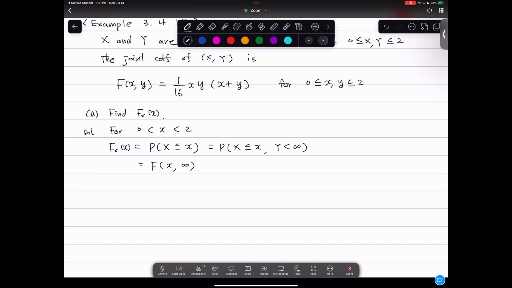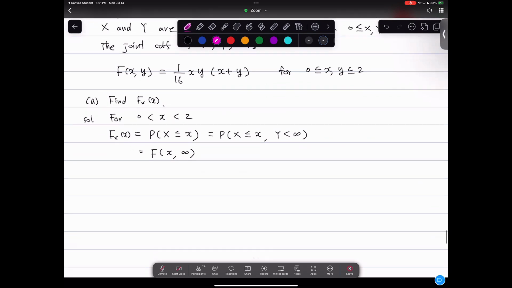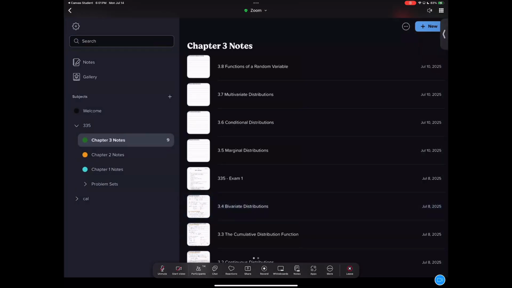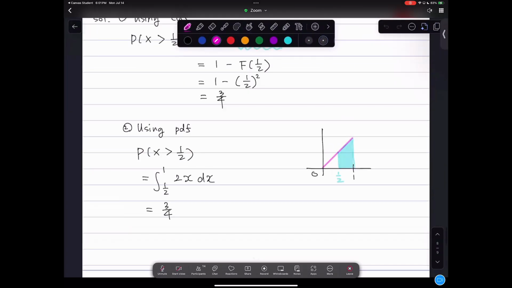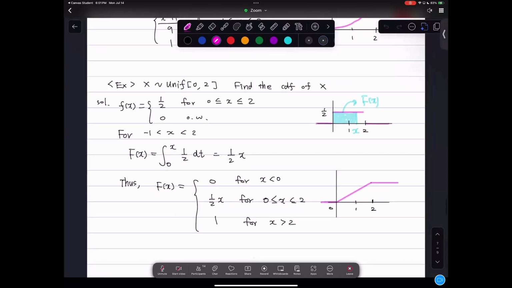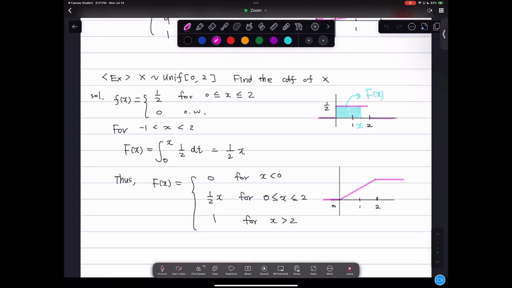Now this is not difficult. If you look at this CDF, I want to go back to the previous example. When I did the CDF, over here, for example, I have my joint PDF, which is 1/2 from 0 to 2 and 0 otherwise.